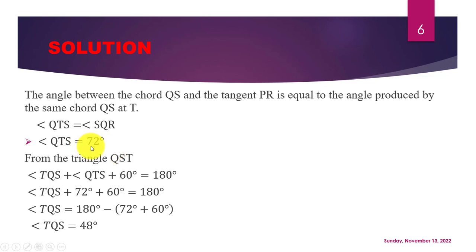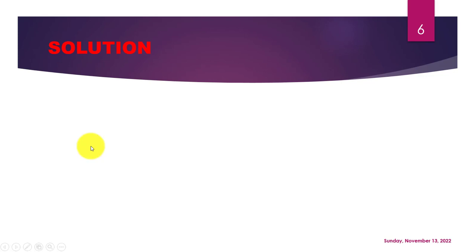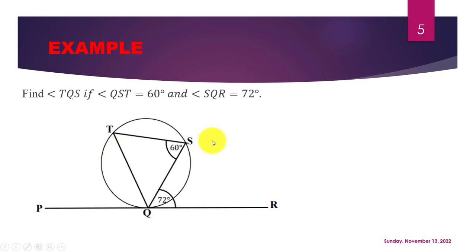So let me go back to the diagram and explain it better to you. In the diagram, the theorem states that the angle formed by a tangent and a chord is equal to the angle formed by the same chord at any point of the circumference.